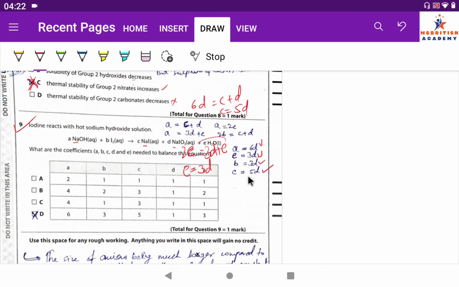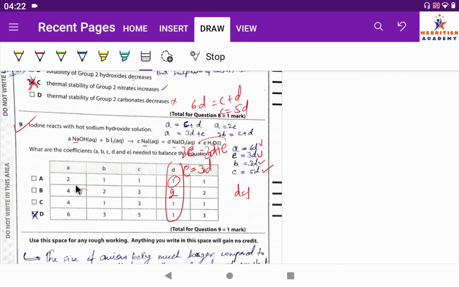So you can see here, after substituting the value of D as 1, because in the options the value of D is only 1, otherwise you have to check by putting values like 2 and seeing whether A is 4, B is 2, C is 3 or not. If it is not matching, then that answer will be wrong.